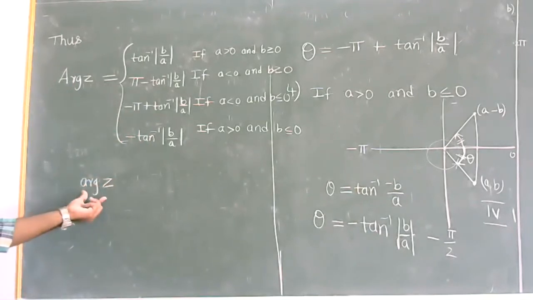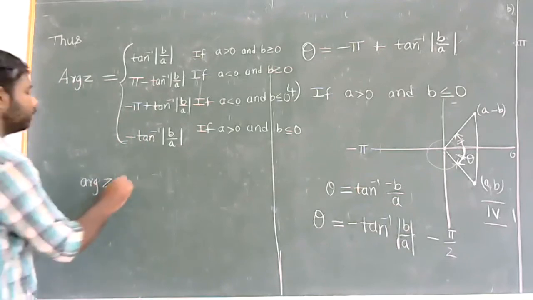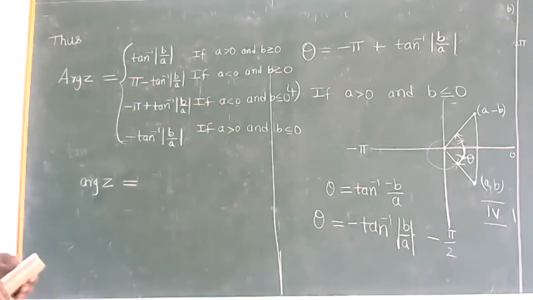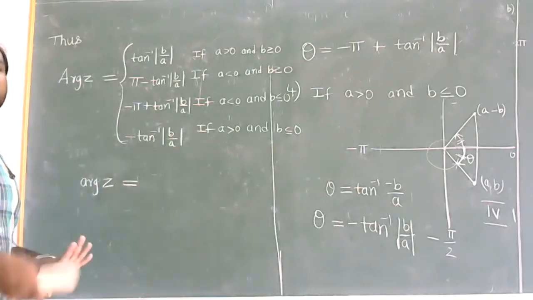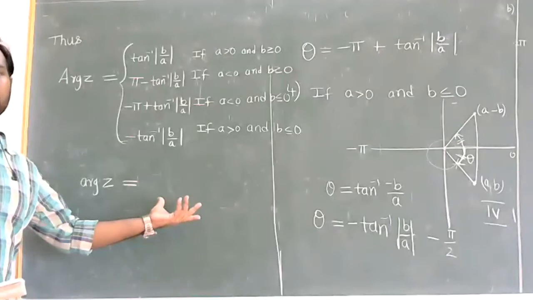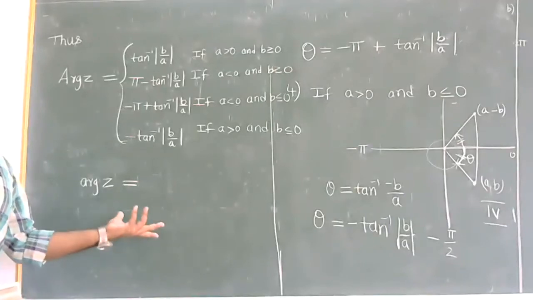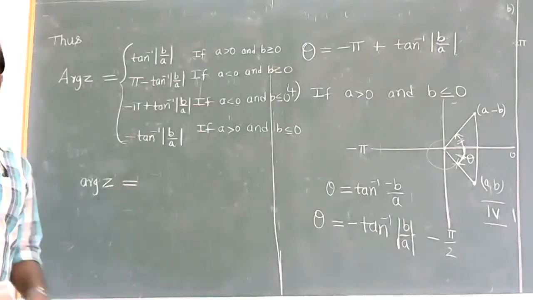This is the representation for the argument values of Z. If you can find one, you can find infinitely many by adding even integer multiples of pi.